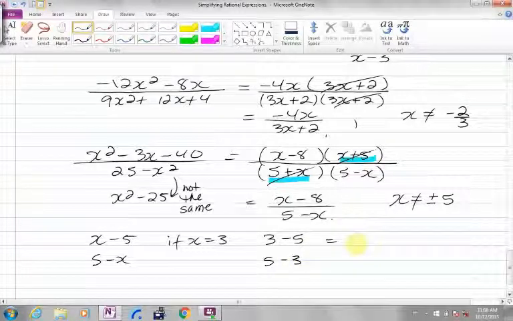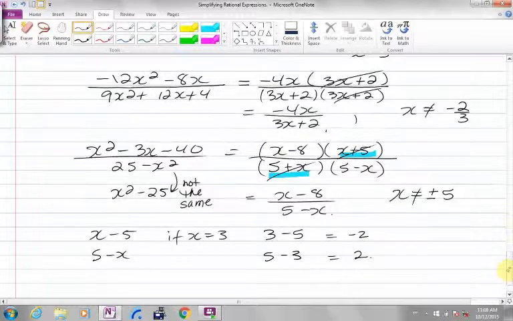This would be negative 2, and this would be 2. So they will always be opposites of each other. The same number with the other sign. Doesn't matter what value you put in for x. Can you see that you're always going to get opposite values? One positive, one negative. So keep that in mind while you try this last one.